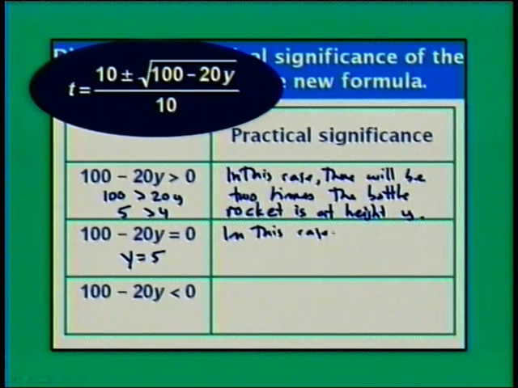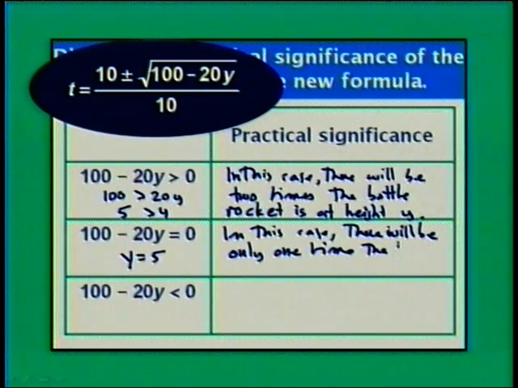In this case, there will be only 1 time the bottle rocket is at height y, 5 meters. So there's going to be just 1 time that the bottle rocket's at 5 meters.